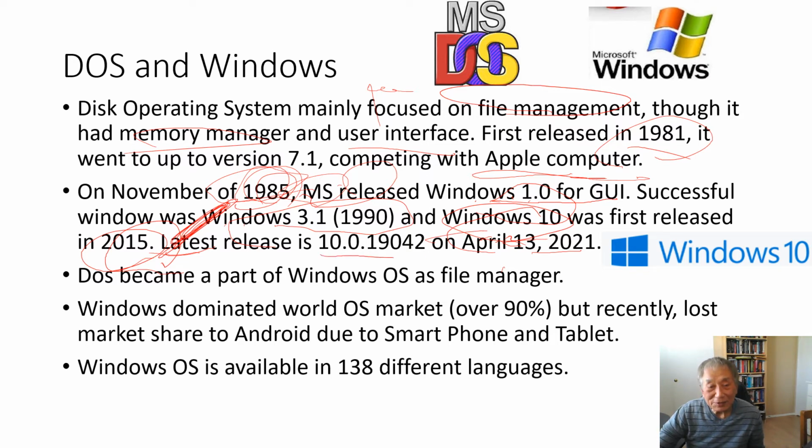This is our secret, but today I'm recording this on April 16, and as of April 13, that's the Tuesday of this week, the latest release of Windows 10 was published or distributed. So this is one tip.